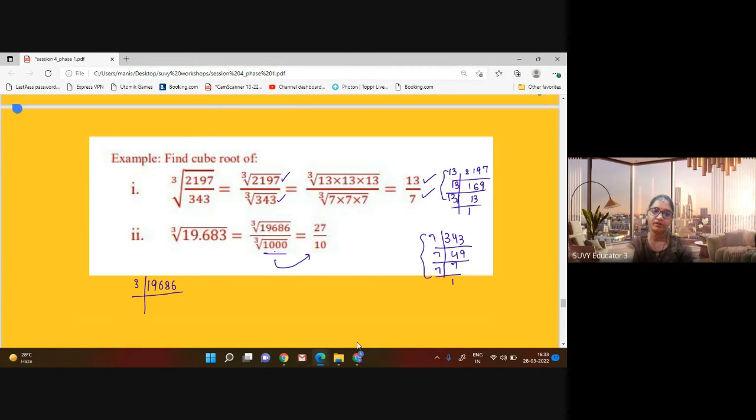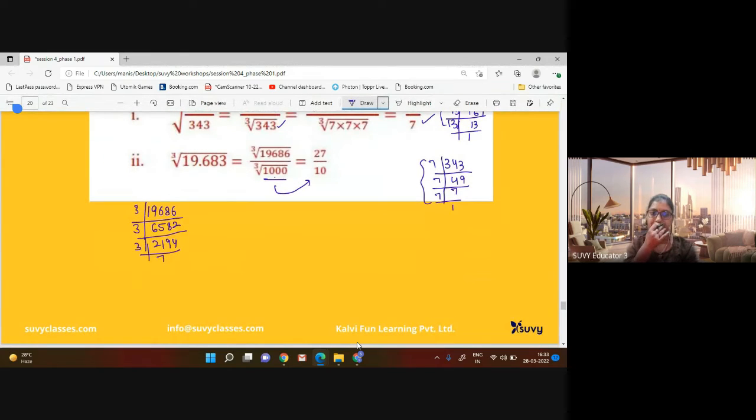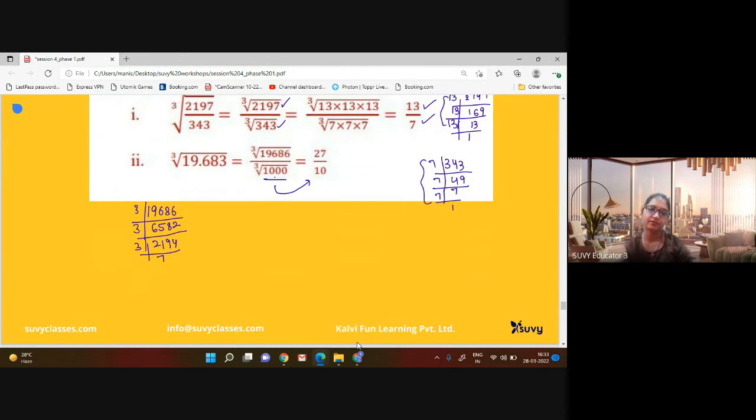Let's get started with 3. 3 sixes are 18, 3 fives are 15, 3 sixes are 18, 3 twos are 6, then again 3 twos are 6, 3 ones are 3, 3 nines are 27, 3 fours are 12, 3 sevens are 21.